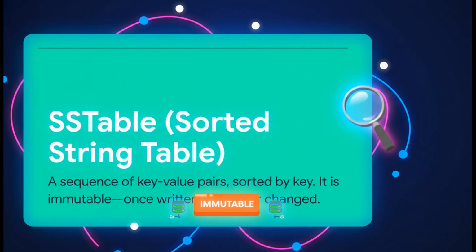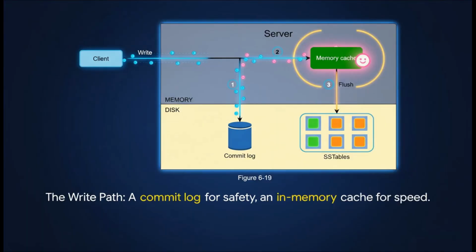And that glowing brick has a formal name, an SSTable, which stands for Sorted String Table. It's a file of key-value pairs all perfectly sorted. And the number one rule of SSTables? It is immutable. Once that brick is made, you never, ever change it. And this diagram shows you how it works in the real world. A write comes in and goes to two places at the same time.